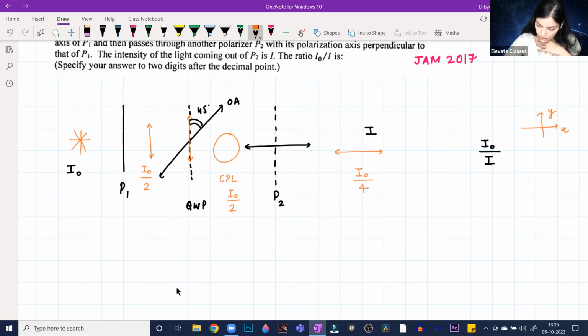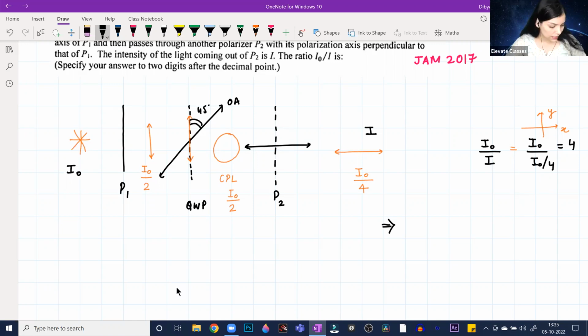So therefore, what will this ratio become? This is I0 and this is I0 by 4, so the ratio will become 4. What this means is that in the whole system the input was I0 and the output was I, but I was 1/4 of the input.